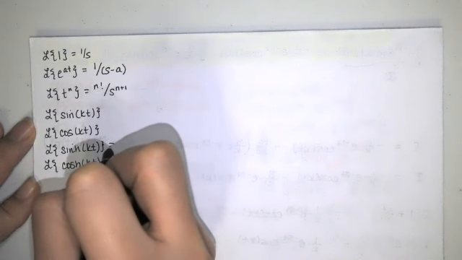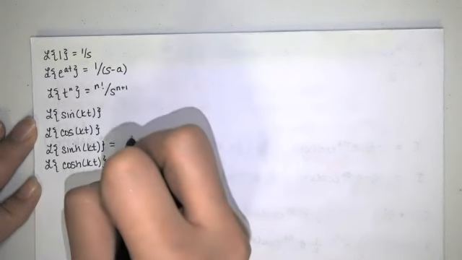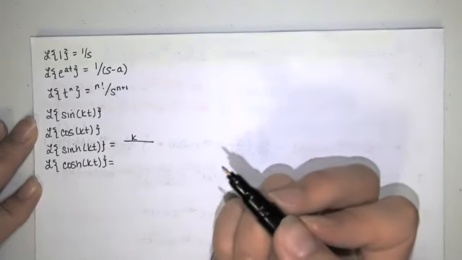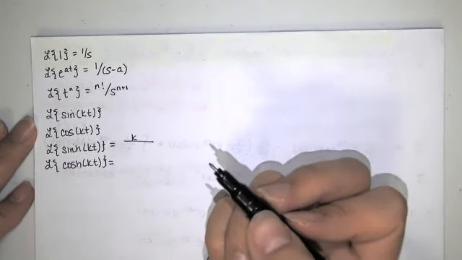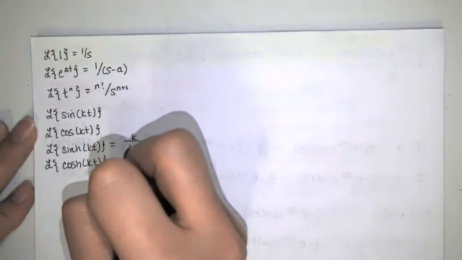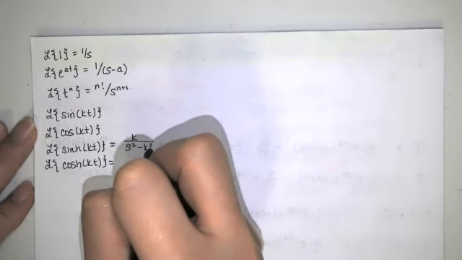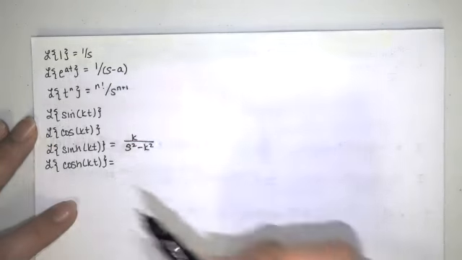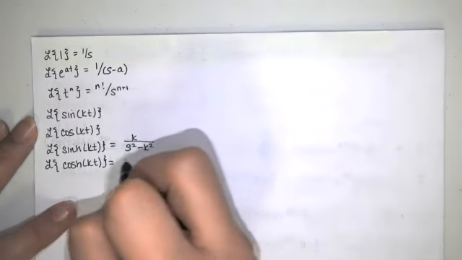Now, these last two can be found just using the linearity property of the Laplace transformation and our knowledge of the Laplace transform of e to the at.